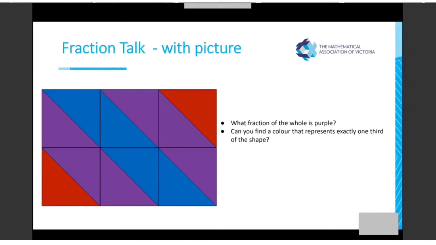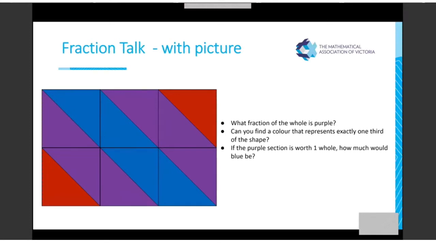Yeah, I've just got a few more questions with these. So you can actually change the question. One of the ways is to give a particular colour. Another one is, what if I asked you what colour represents exactly 1/3? And if I then said the purple is worth 1 whole, how much would the blue be?